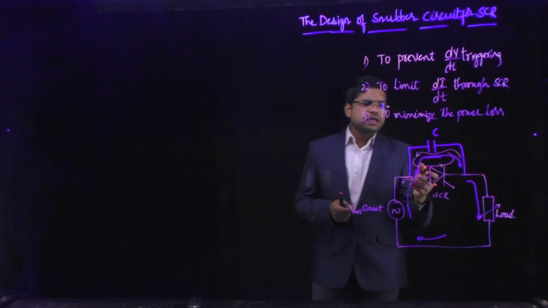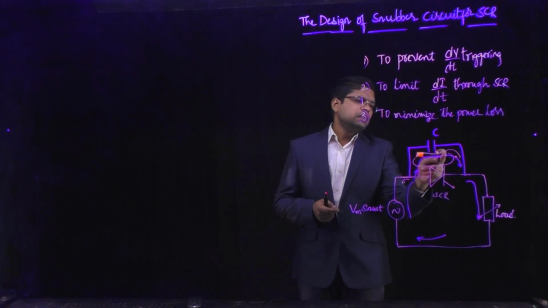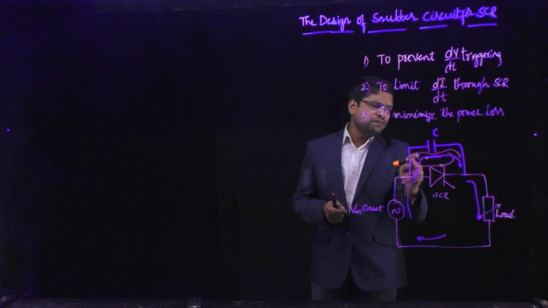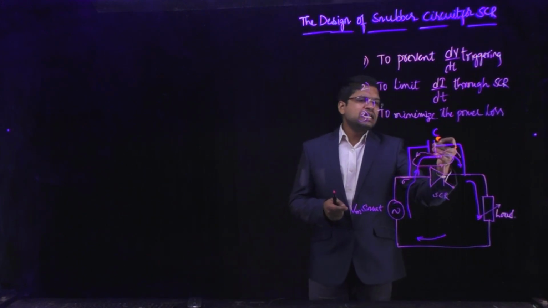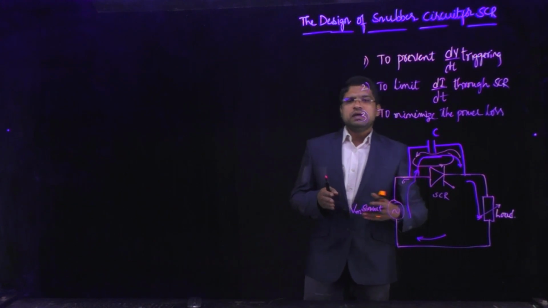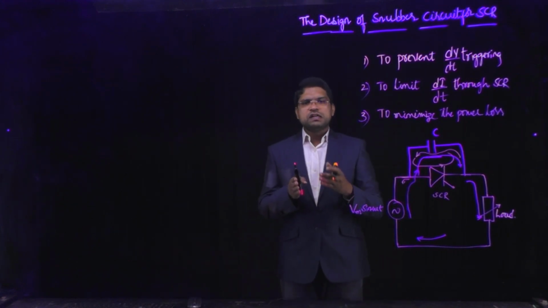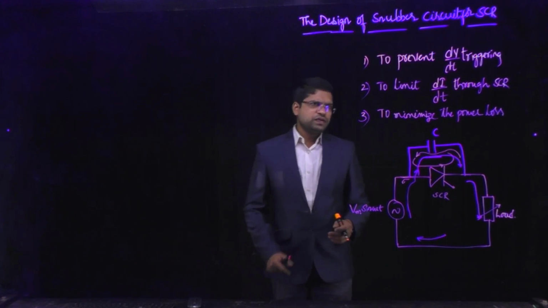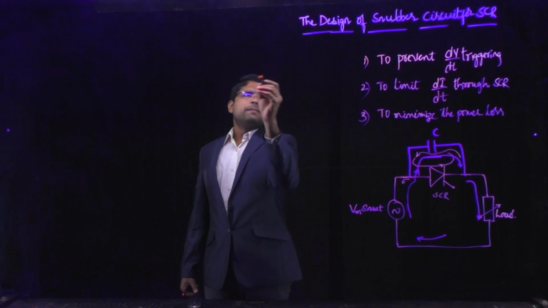So in order to limit such a high rate of change of current through the SCR, we need to incorporate another element in this circuit. That element may be a resistor, because a resistor is an element which limits the current flowing through it. So here I can draw another circuit in which we can see a resistance.